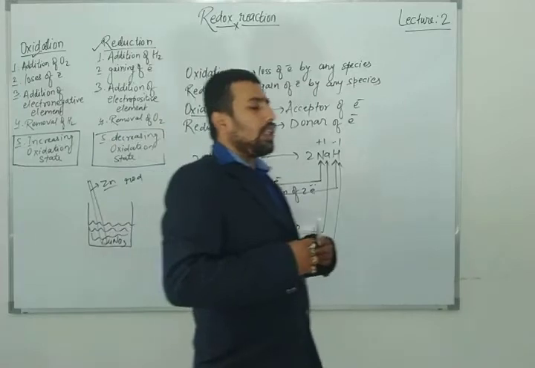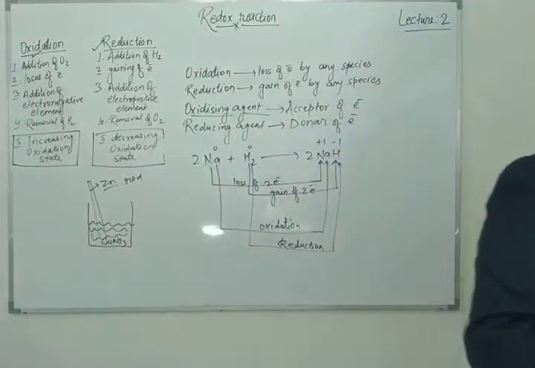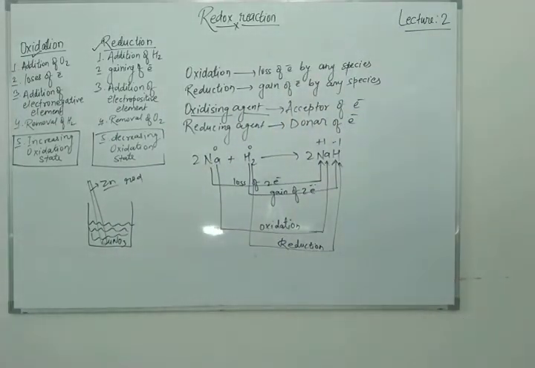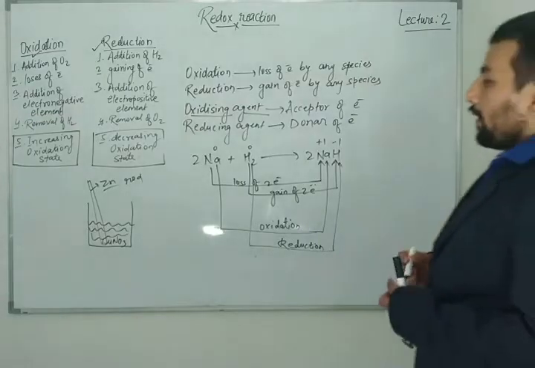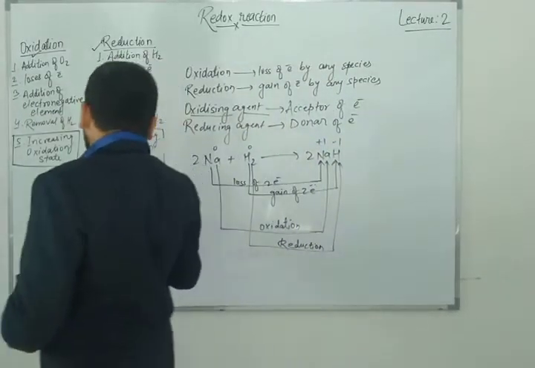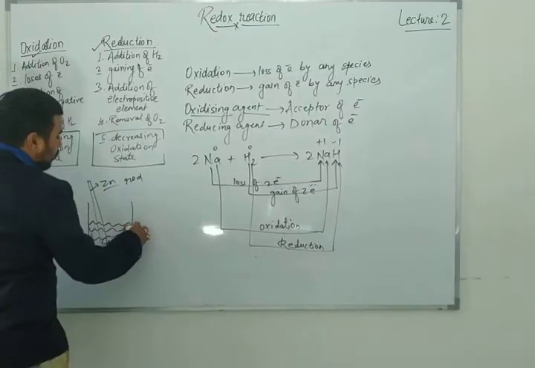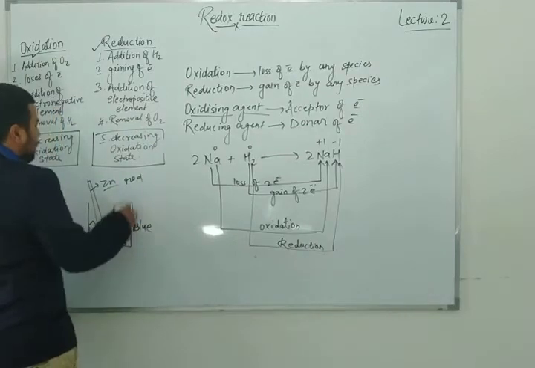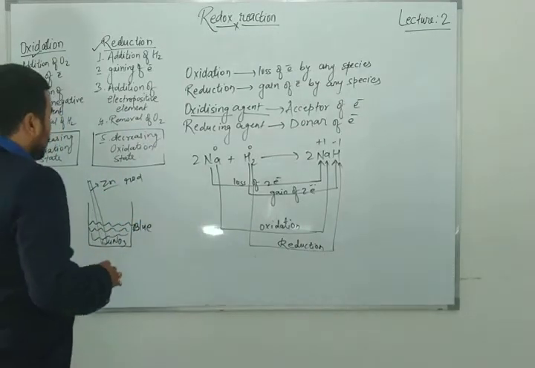First of all, you should know the color of copper nitrate. Dear students, when I talk about copper, either copper sulfate or copper nitrate, always remember the color of this solution is blue. As I dipped this zinc rod, now what will happen?